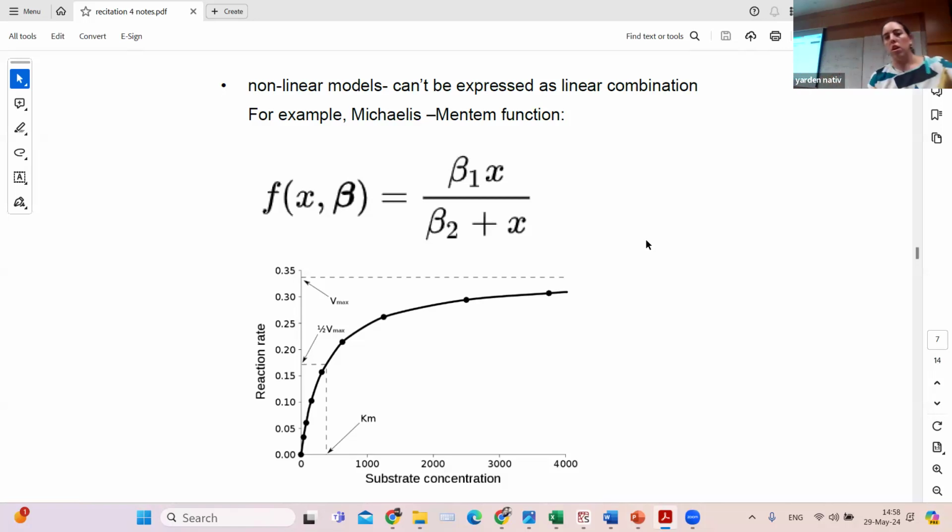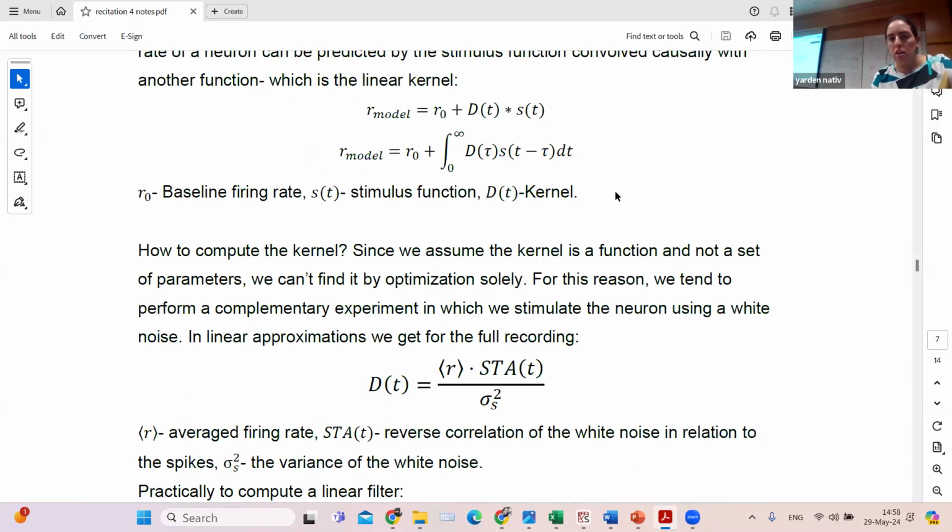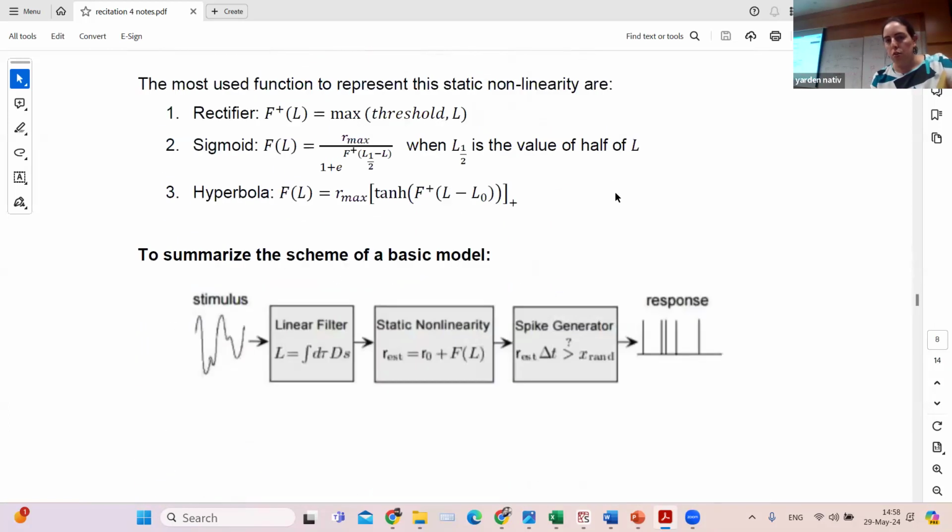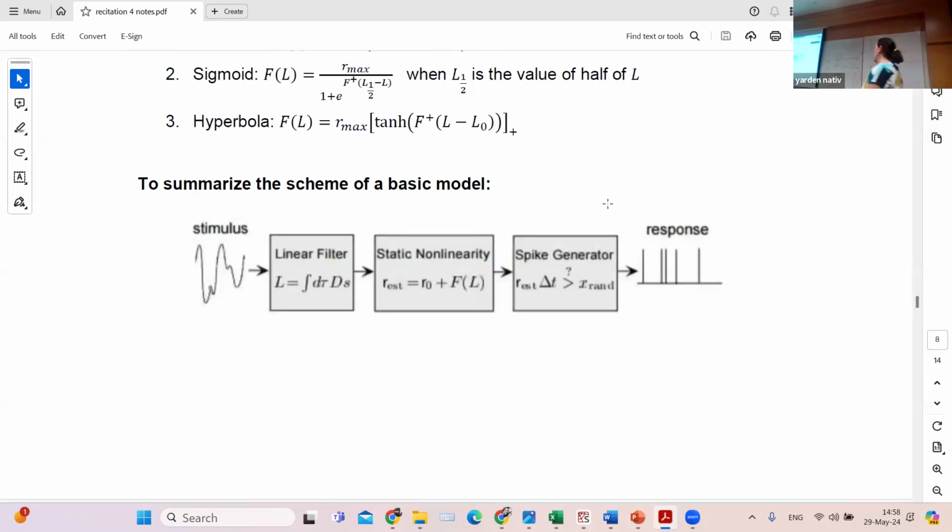So basically, I'll start from here. Commonly when we create a general linear model, I don't want to talk about what GLMs are and how we use them, but the basic thing that we do in our science is that we first optimize a linear model, and then we add the nonlinearity of this model.